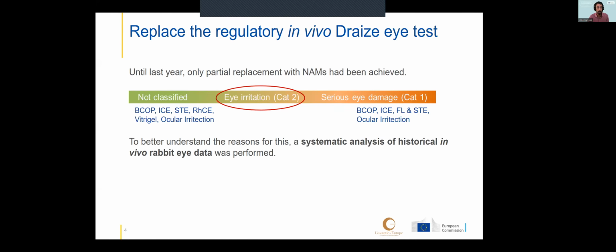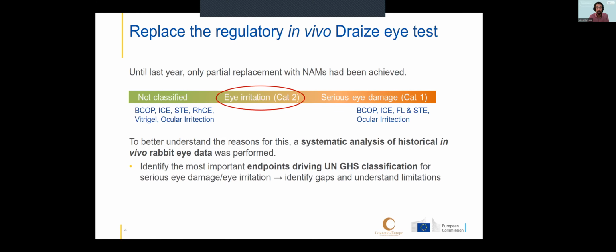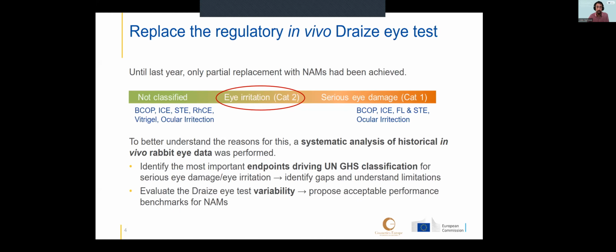So to better understand the reasons for this failure, after more than 20 years of investment in the area, Cosmetics Europe and the JRC decided back in the early 2010s to perform a systematic analysis of historical in vivo rabbit eye data in view of identifying the most important in vivo endpoints driving GHS classification and evaluating the Draize eye test variability.